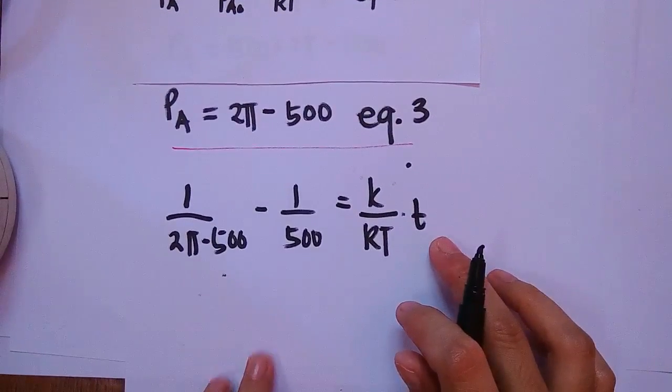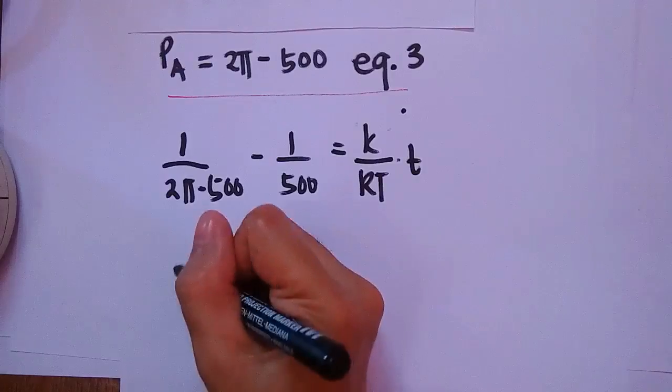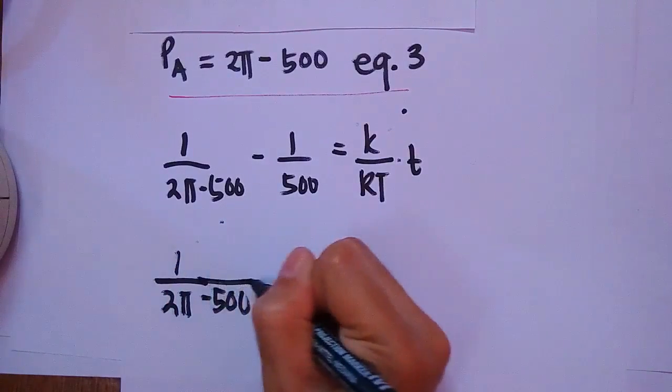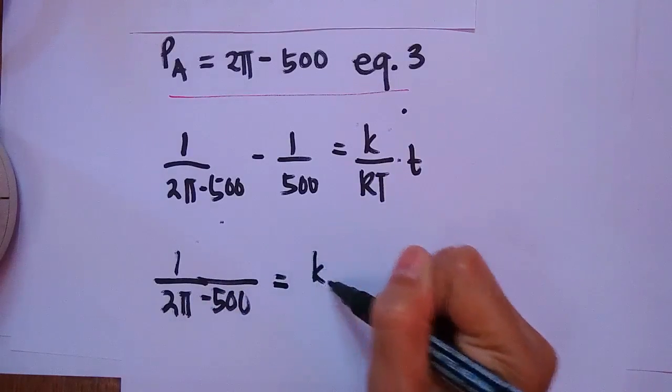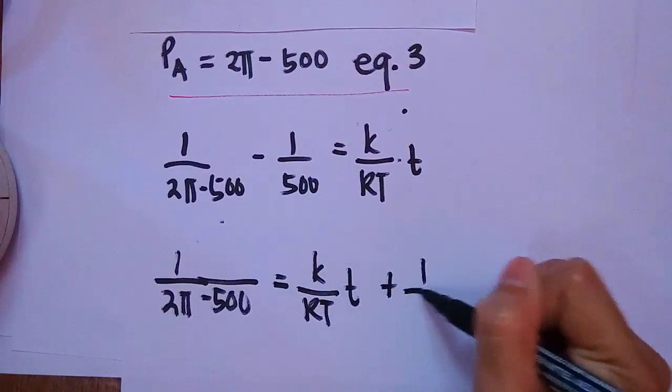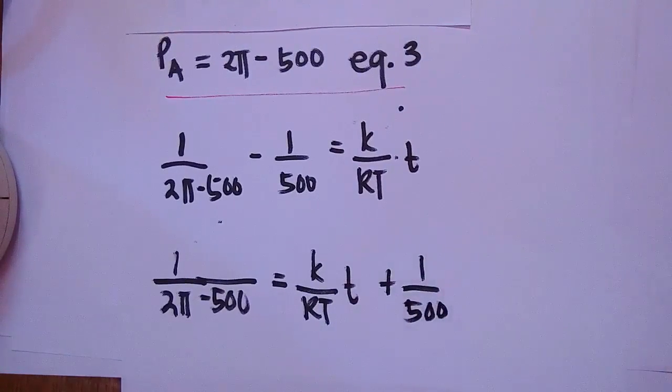Now rearranging this to form a linear equation, we have 1 over 2 pi minus 500 equals k over RT times t plus 1 over 500.